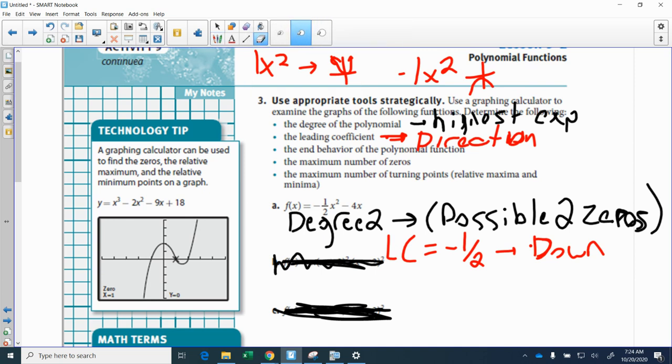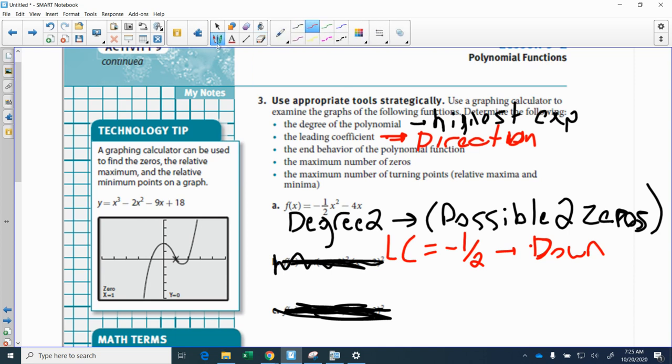Now, that's huge because by understanding that, I can pretty much describe end behavior to you. I know because of that leading coefficient, my graph's going to look like this. So now I can also do end behavior, right? Because I know what the graph's going to look like based off the leading coefficient.